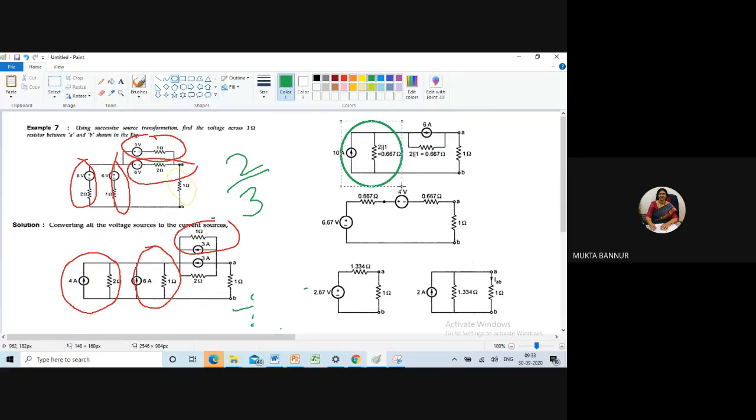Okay, 10 ampere, 4 plus 6, that will be 10. 1 ohm and 2 ohm are connected in parallel. Those 2 are replaced by a single resistance, that is 2 divided by 3 equal to 0.667 ohm.